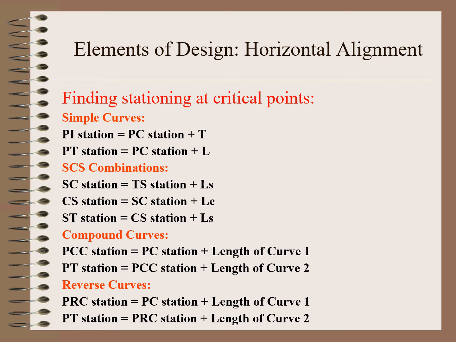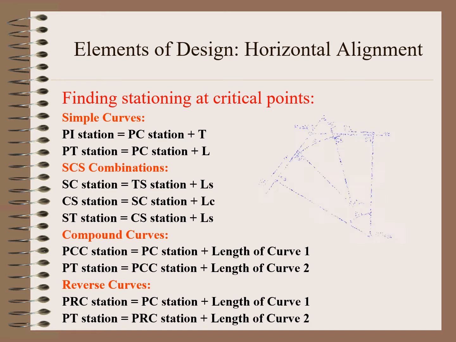Finding station at critical points is pretty simple, as long as you know at least one point of beginning. So, to find the stationing points on a simple curve, the PI station is equal to the PC station plus the tangent length. To find the PT station, you take the PC station plus the length of the curve.